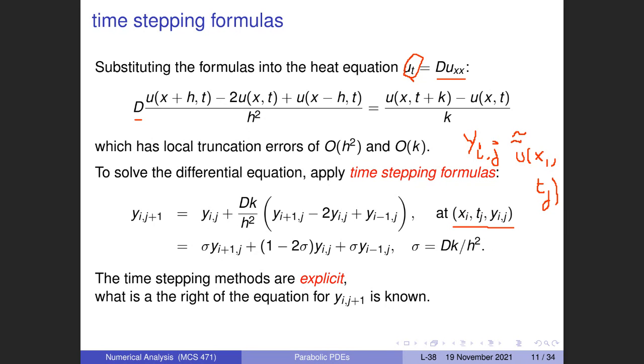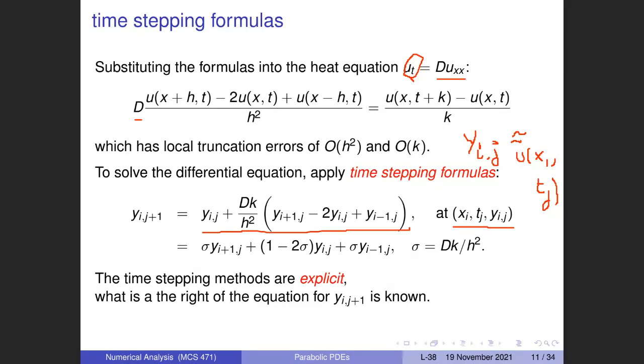The formulas are explicit. Assuming that we know the past, we can predict the future. You observe that the formulas on the right-hand side all involve j, the index of time. This is an explicit formula.